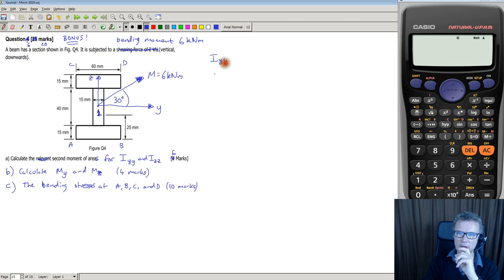So IYY is going to be big B, big D to the power 3 over 12, take away two lots of little b's and d's to the power 3 over 12. So we're imagining we've got these sections here, and we're going to take those two away, so that's going to be the red bit. And then the big B, big D is the entire cross section.